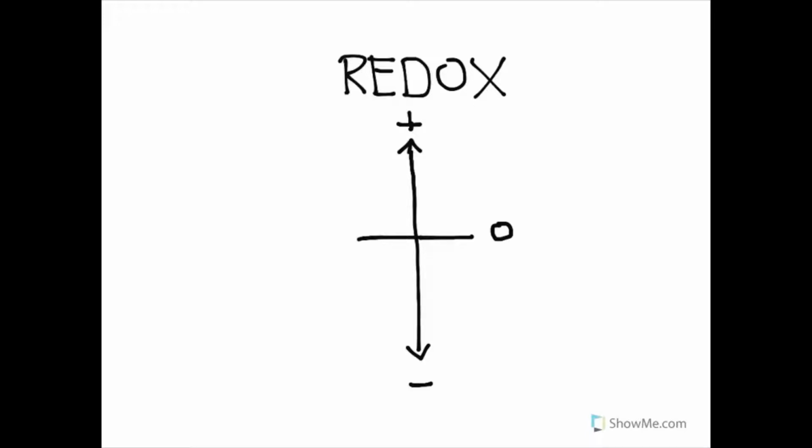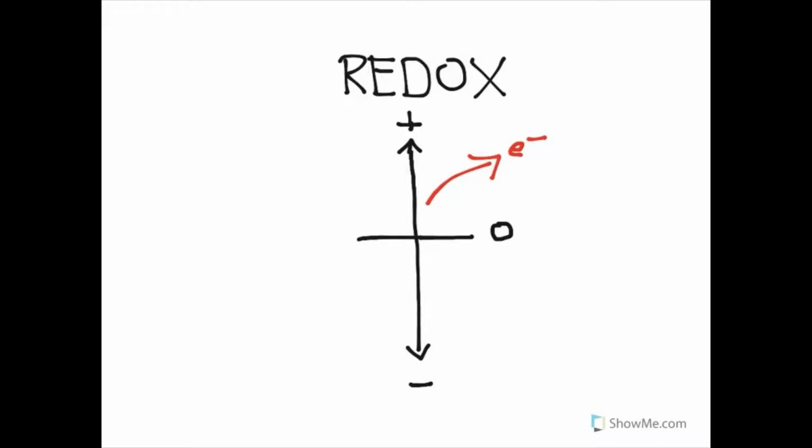Now, how is it that we can do this? To make a charge go positive, we now have to have the number of protons outweigh the number of electrons. So we can remove electrons to make the charge go more positive.